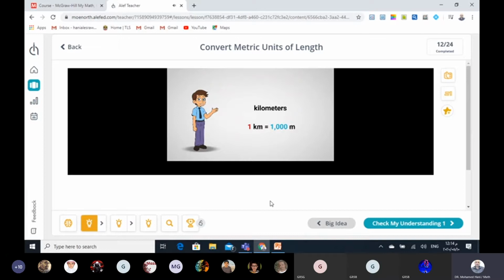Kilometers, of course. You can remember that kilometers are larger because you use kilometers to measure long distances, such as distances from city to city. So we are converting from a smaller unit, meters, to a larger unit, kilometers. Should we multiply or divide? To convert to a larger unit, divide.